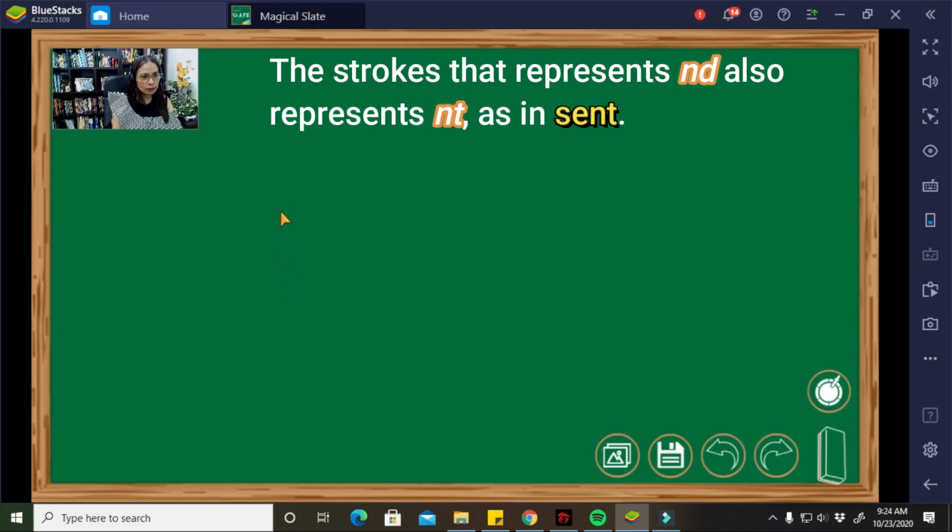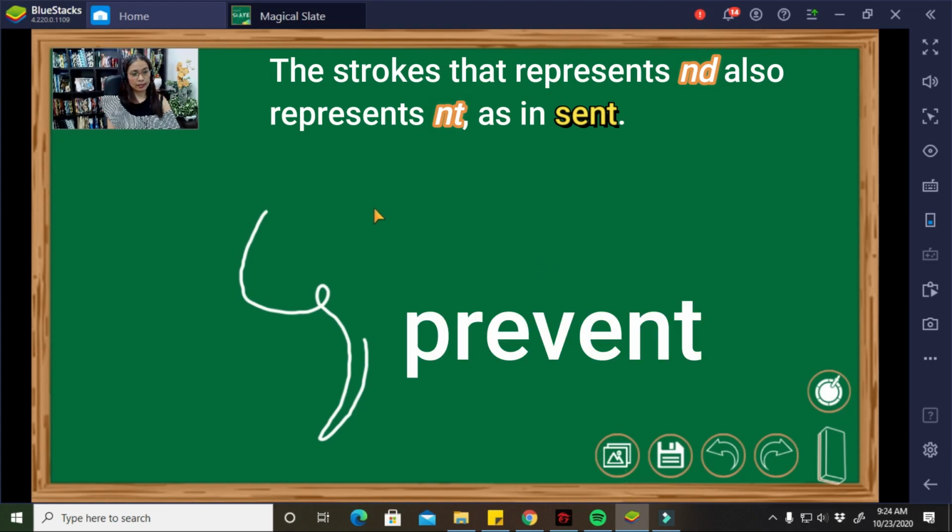So let's try again. What about this one? And then we have a small circle here inside the curve and then a downward curve and a blending symbol there. What is the word now? Okay, the word is prevent.